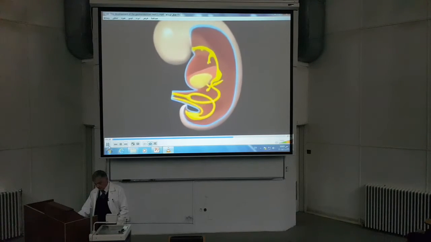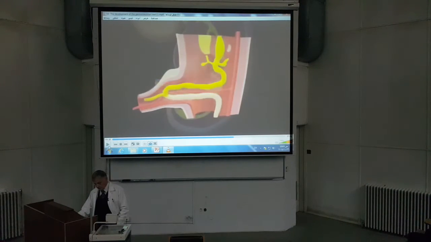There is this connection with what remains of the yolk sac, because it is needed so that organs will herniate into the yolk sac and then they come back. And the axis of rotation is the superior mesenteric artery.